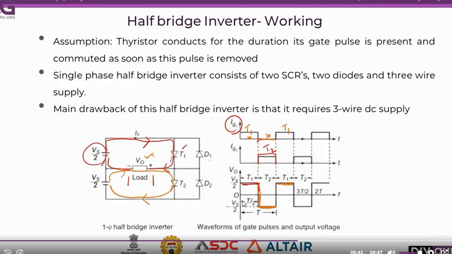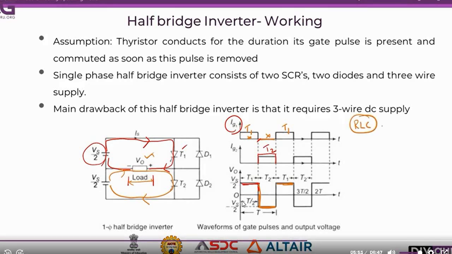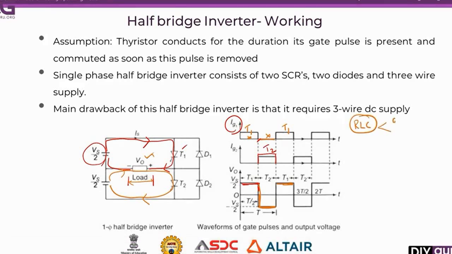This conduction of diodes D1 and D2 will happen only when the load changes. For example, if we are using an RLC load, we have two cases: an over damped load or an under damped load. In these two cases, diodes D1 and D2 will be conducting.